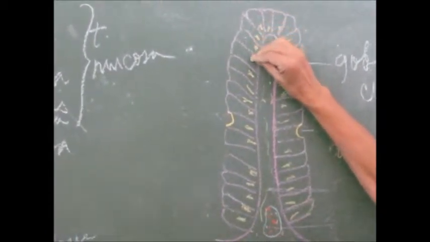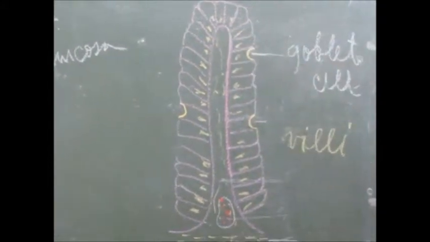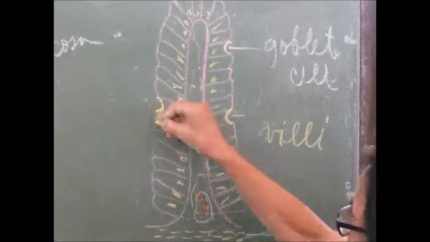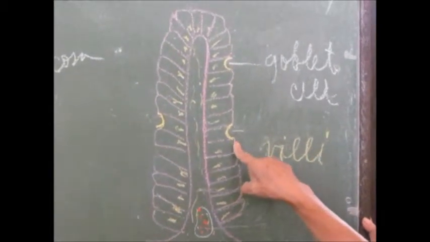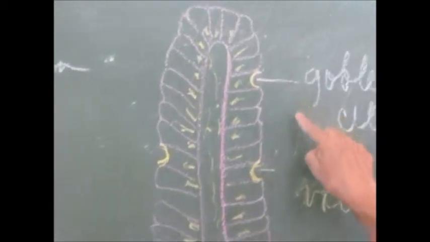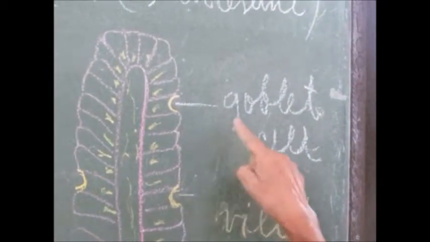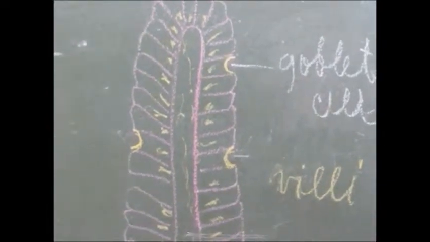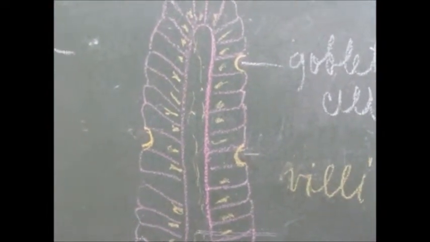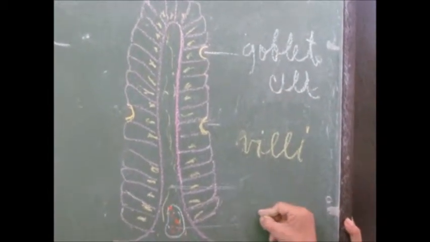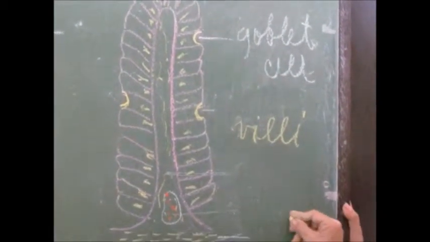Scattered among the ordinary columnar cells, you find a cup-shaped depression. Now, if you find a columnar cell with this cup-like depression, this is a goblet cell. Now, a goblet cell is a unicellular gland. Okay? Goblet cell.